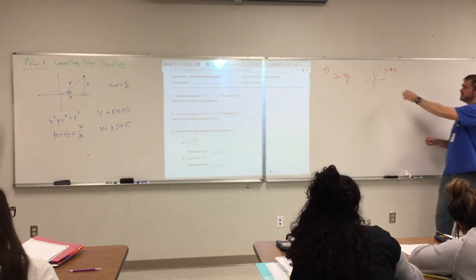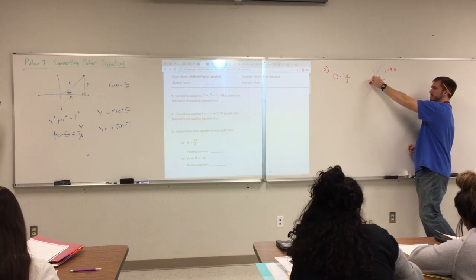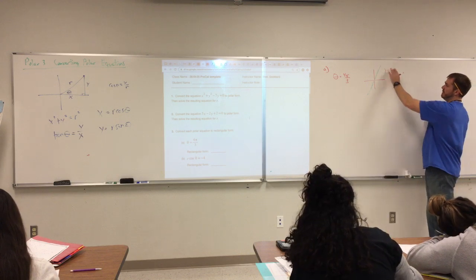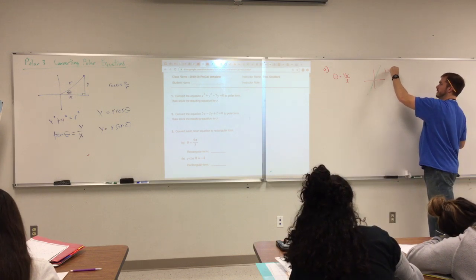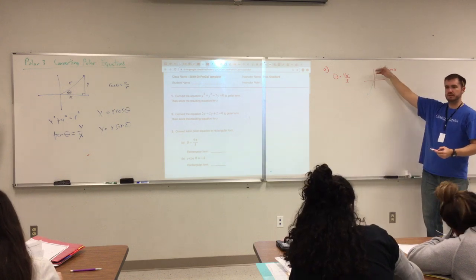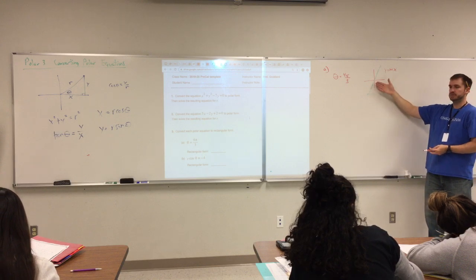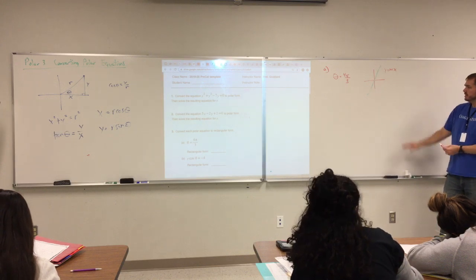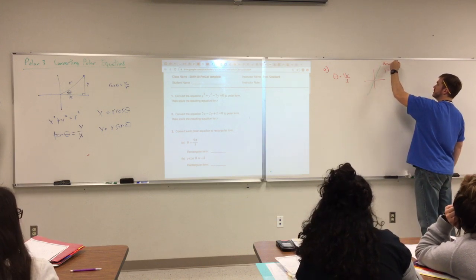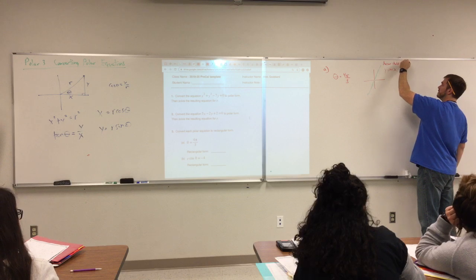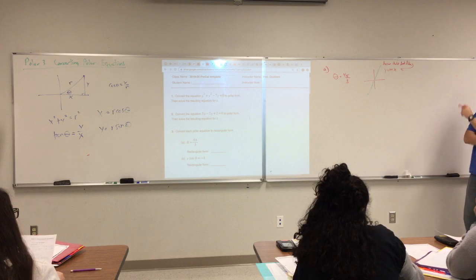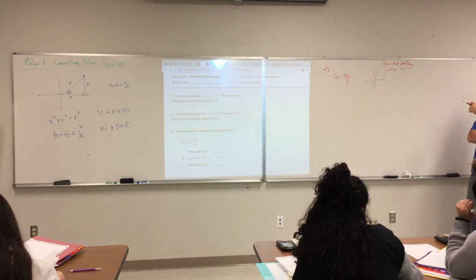It's a direct proportion, so it's proportional, and it goes through the origin, so it's y equals mx. There's no plus b because there's no y-intercept. Well, there is a y-intercept, it's just zero, so plus 0. So our answer should look like y equals mx.